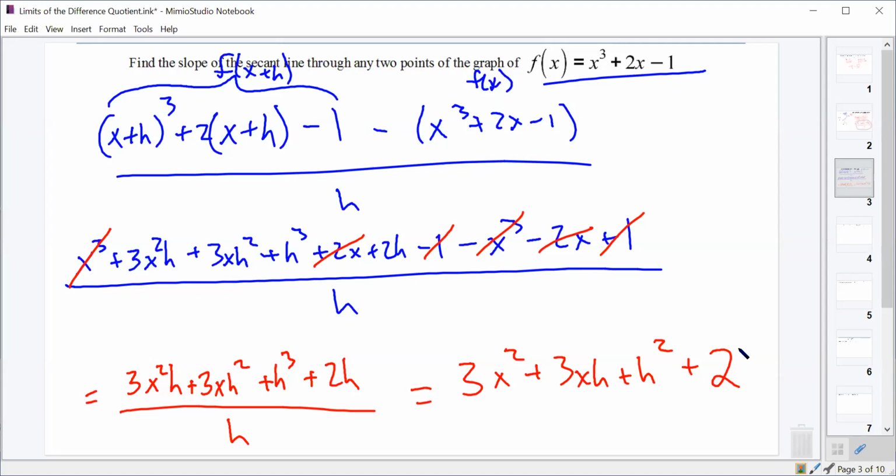Everybody good or no? How did you get the f of x plus h at the top left? Okay, so let's think about it this way. This is f of x, right? What's f of 1? f of 1 is 1 cubed plus 2 times 1 minus 1, right?